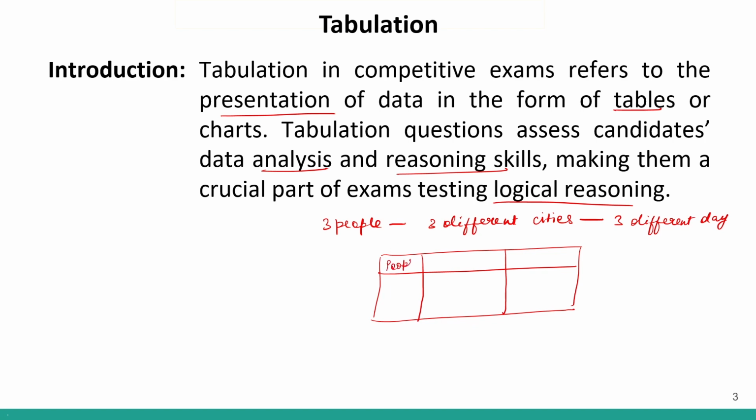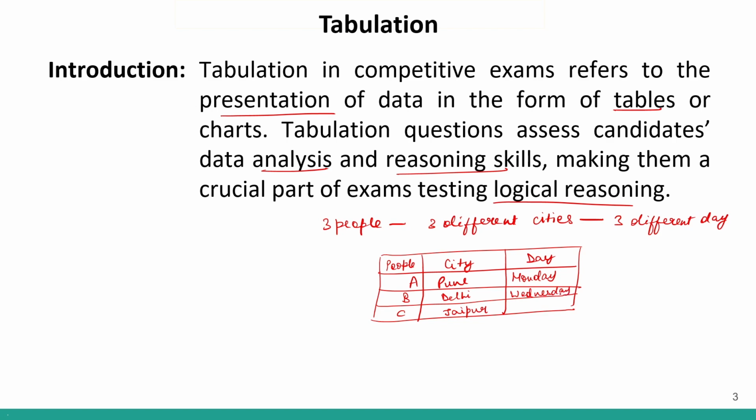We are talking about the people, which city they go to and which day they go to. Let's say there are A, B, C. They go to Pune, Delhi and Jaipur. And let's say they go on Monday, Wednesday and Sunday.